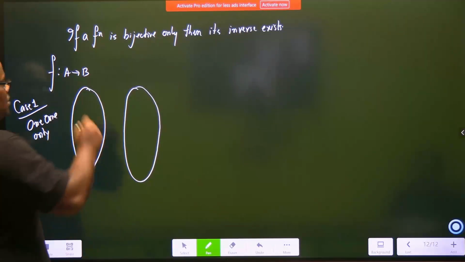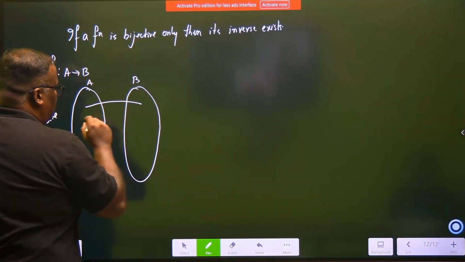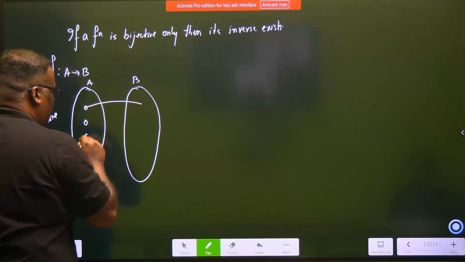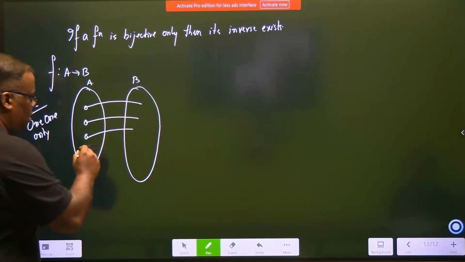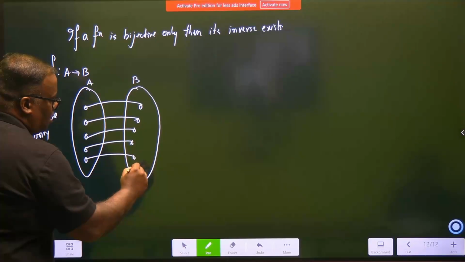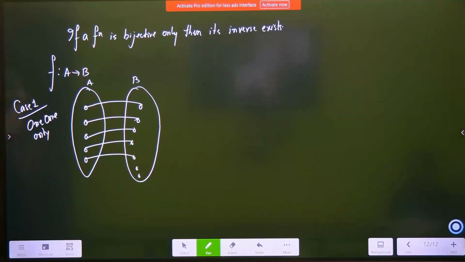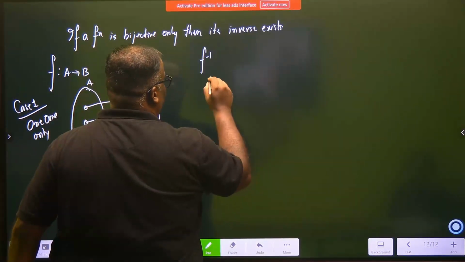Okay? So this is A, this is B. How will the mapping be? This. Agreed? Now create its inverse, f inverse.